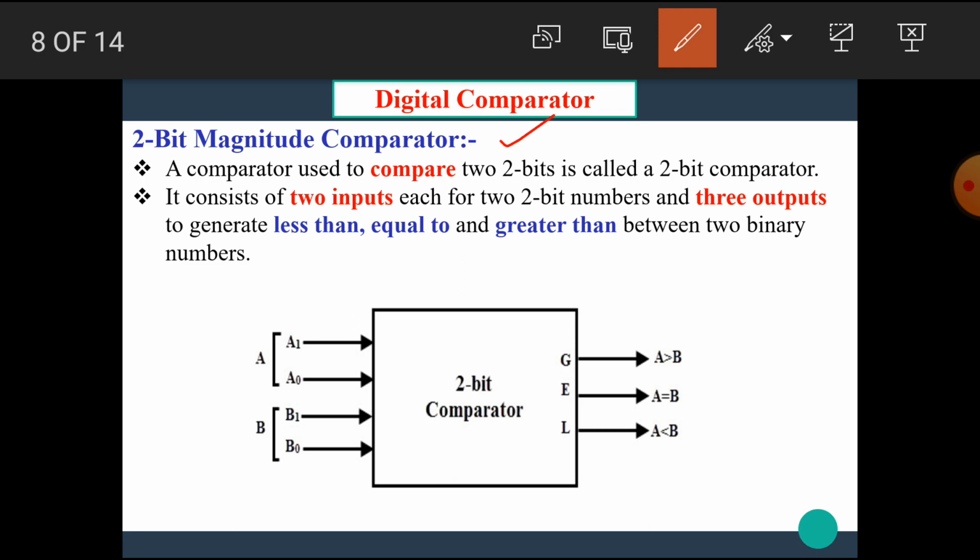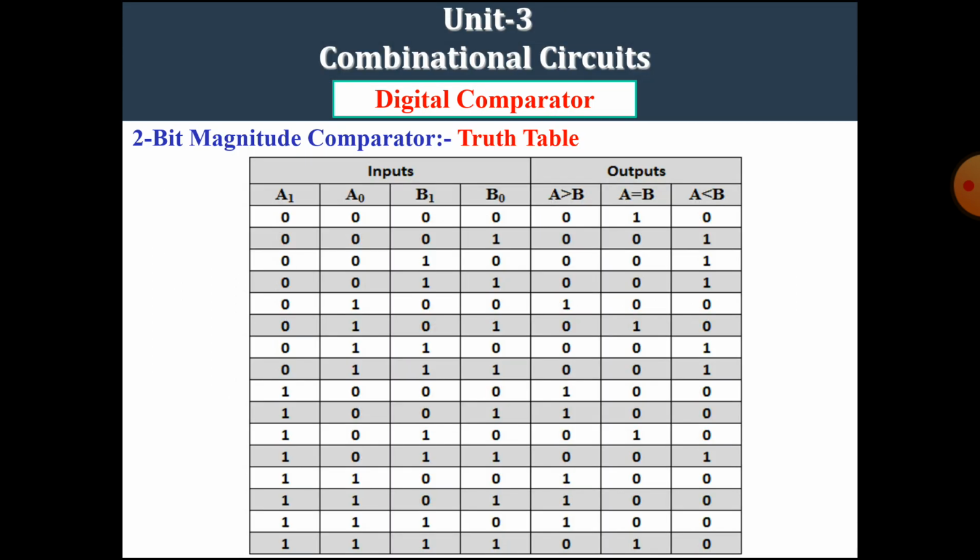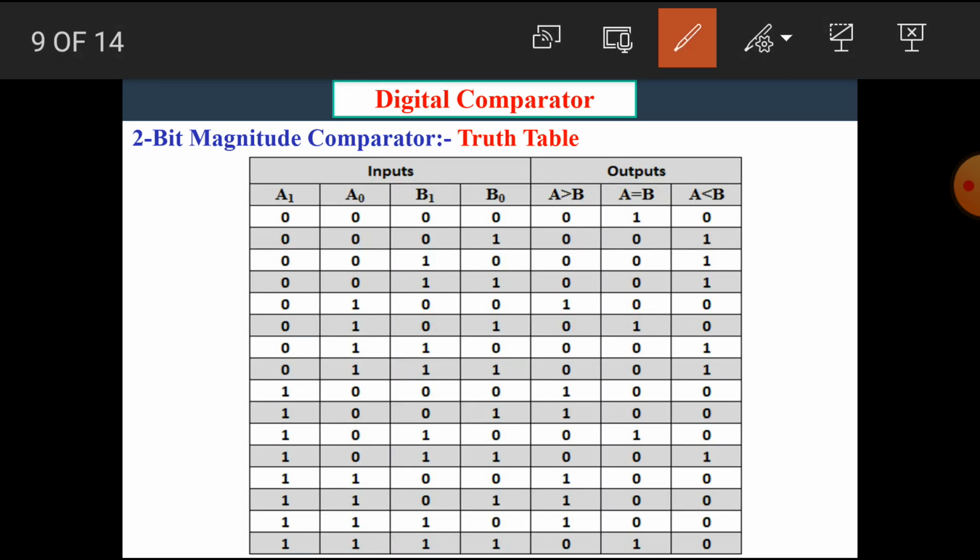Here the only difference is that the input numbers A and B are each made up of 2 bits, A0 and A1, B0 and B1. The outputs are the same: A greater than B, A equal to B and A less than B. Here is the truth table for this 2-bit magnitude comparator.